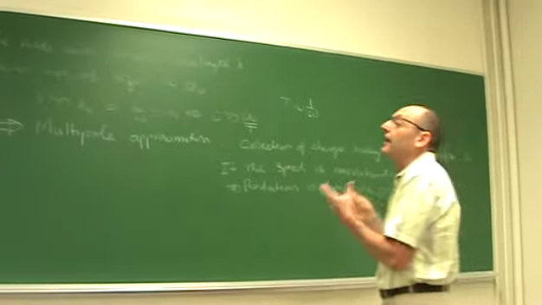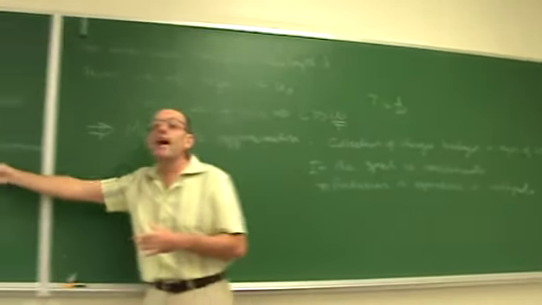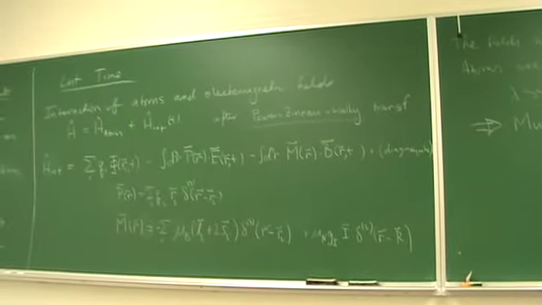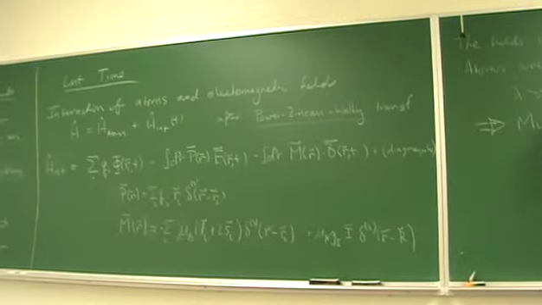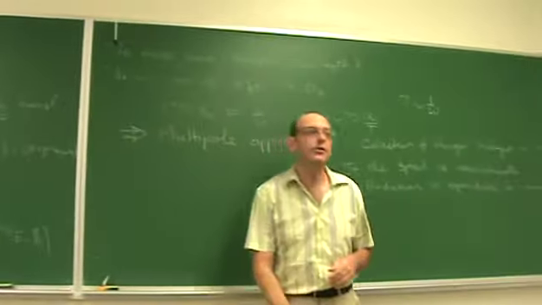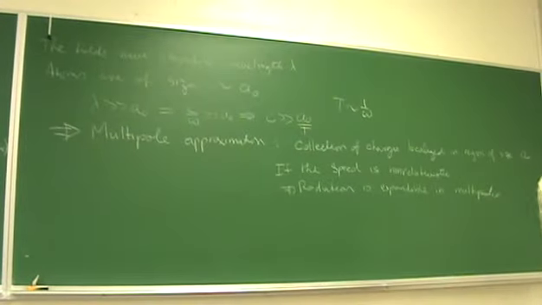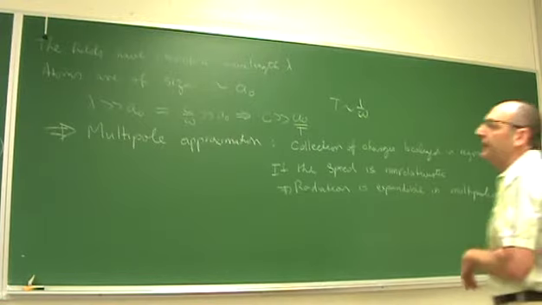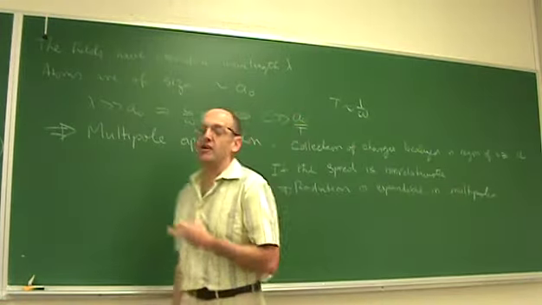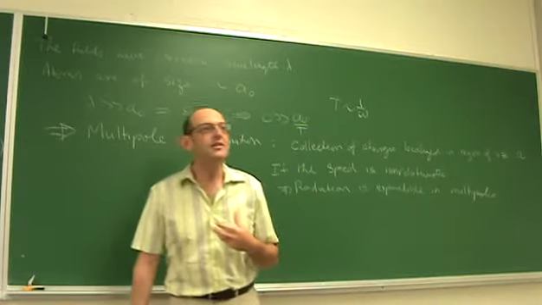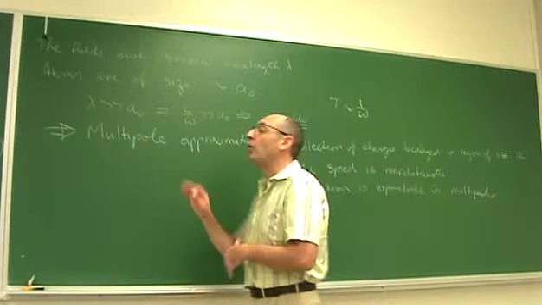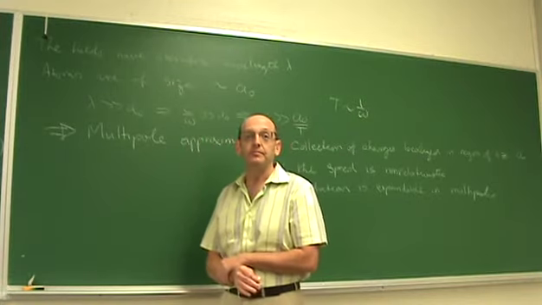In this interaction, again, as long as the speed of the electron is slow enough, or equivalently said, if the wavelength of the radiation is big compared to the size of the distribution of charges, then the dominant interaction terms, in terms of absorption and emission, are the terms that are the lowest order multipole moments of the charge distribution.